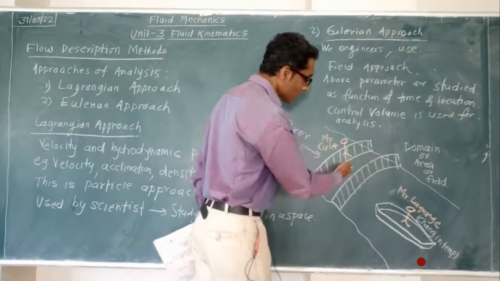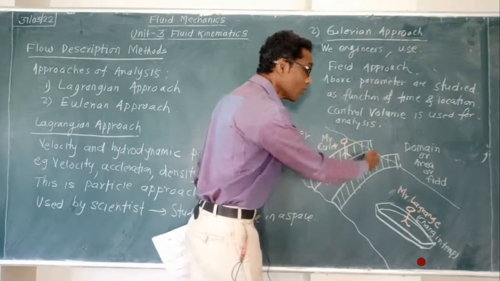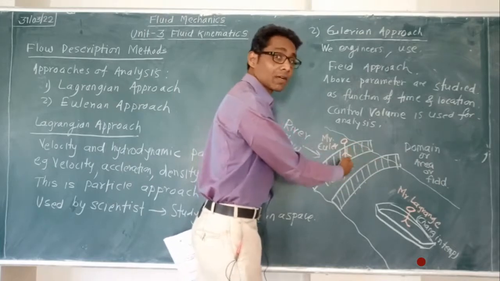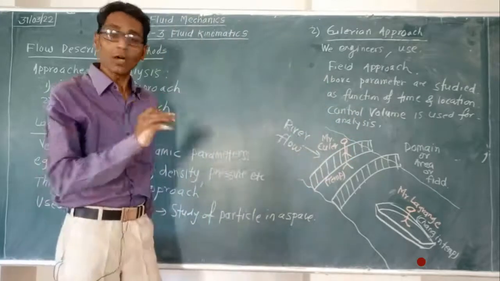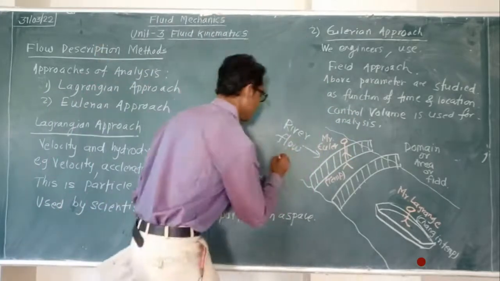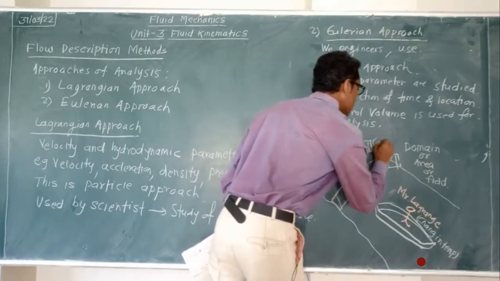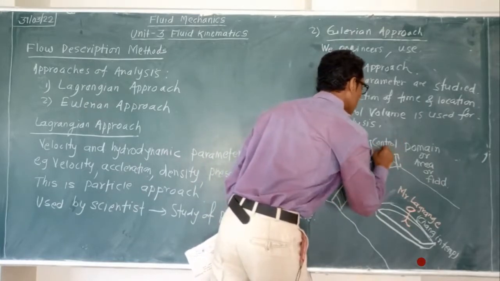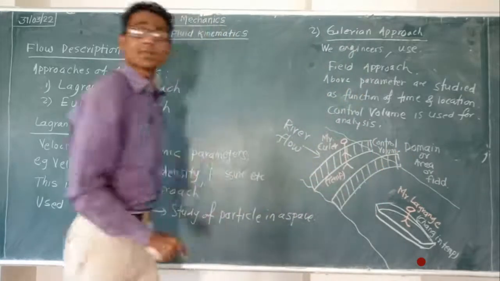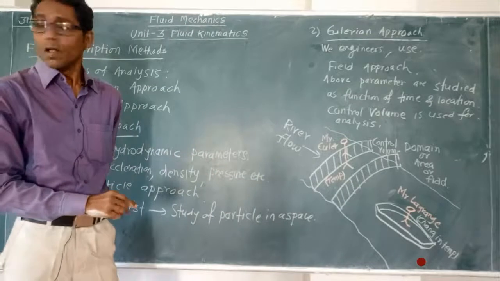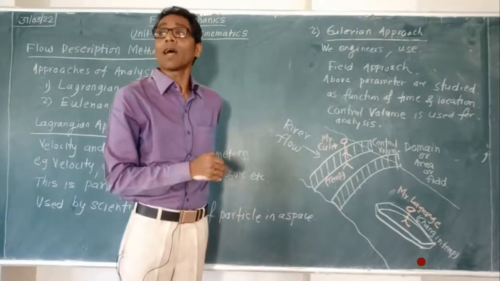We say this particular area or system or field for the purpose of observation and monitoring is called a control volume. So in the Eulerian approach we use a control volume, and that is why it is called the field approach. This approach is simple, it gives simplicity in the analysis.